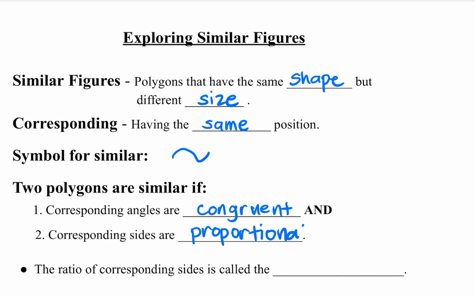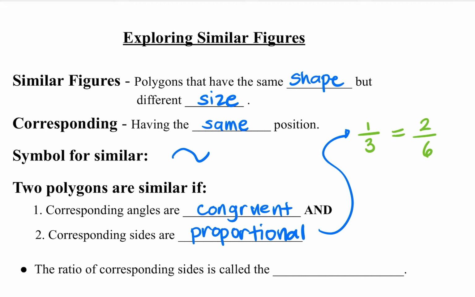So let's recall real quick what we mean when we say proportional. Example, if I have 1/3 and that is being equated to 2/6. So a proportion means an equation that has two ratios that are set equal to each other.